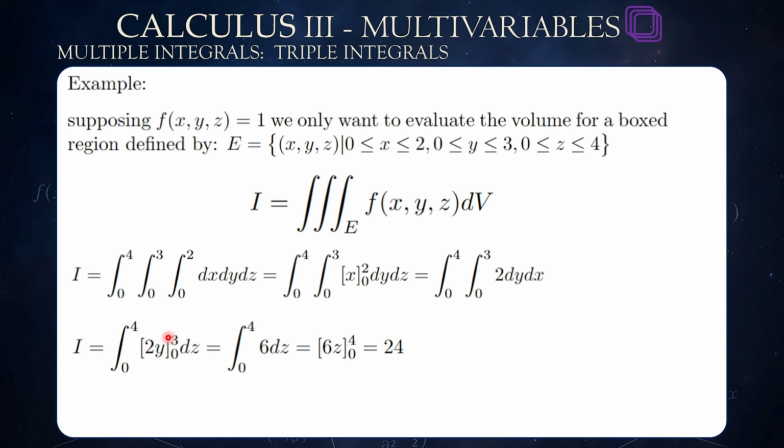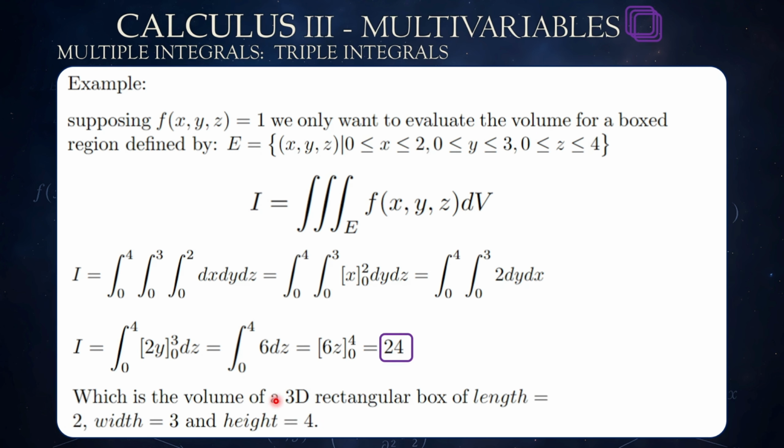That's the integral from 3 to 0 for the boundaries of y, which gives you integral from 0 to 4 of 6 dz, which is the final boundary, equal to 6z from 0 to 4, equal 24, which is the volume of a 3D rectangular box of length 2, width 3, and height 4.